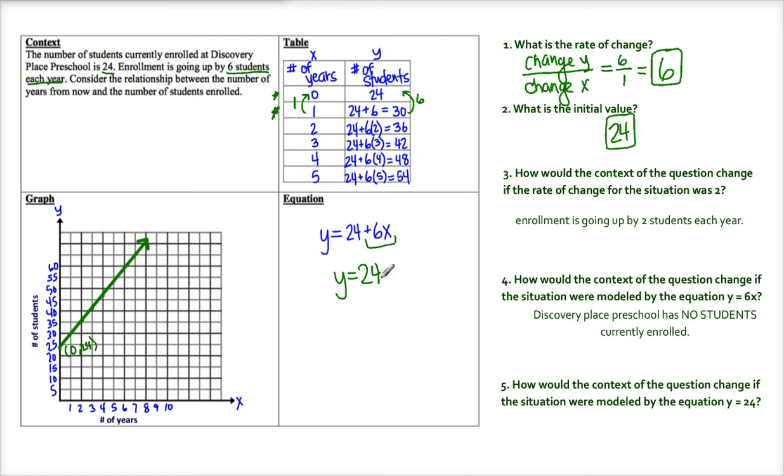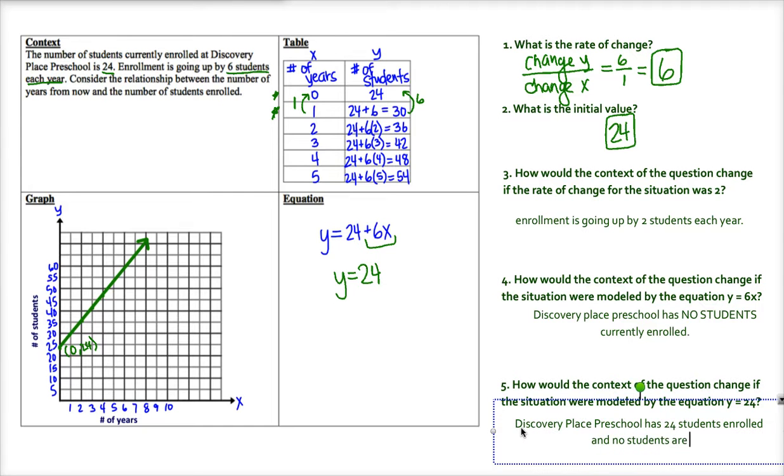So if we take out the fact that we're adding 6 students each year, that means we just have 24 students all the time. So the context would say something like this. Discovery Place Preschool has 24 students enrolled and no students are being enrolled each year. Okay, so we're taking out the fact that the 6 students are being enrolled each year and changing it to no students each year because we got rid of the 6x in our equation.